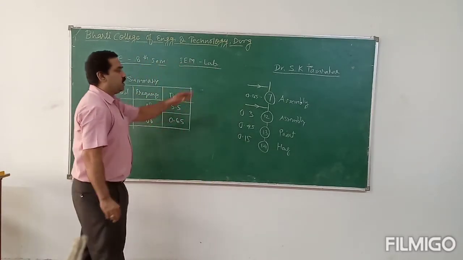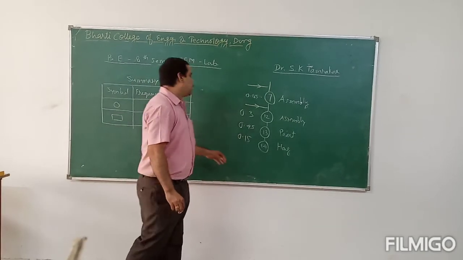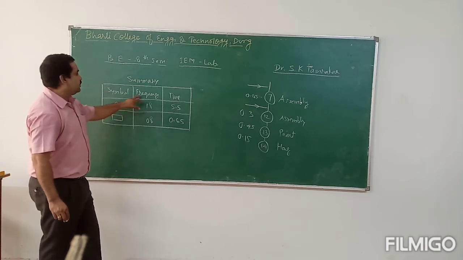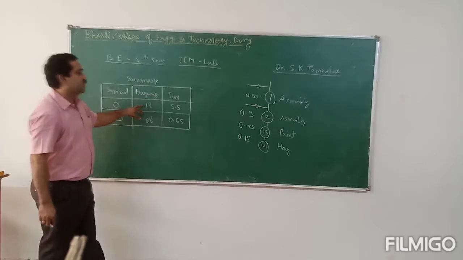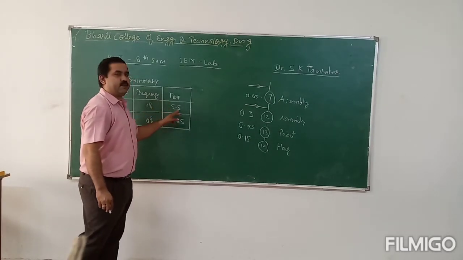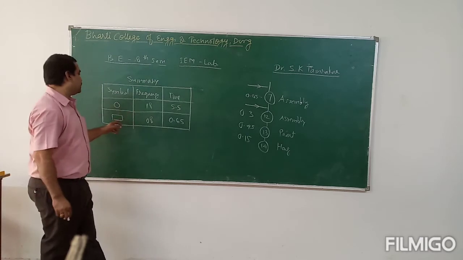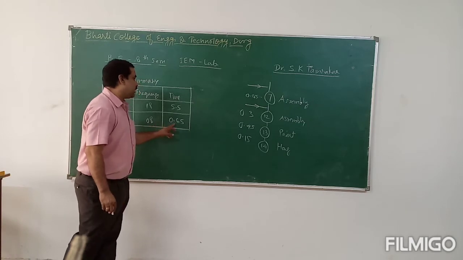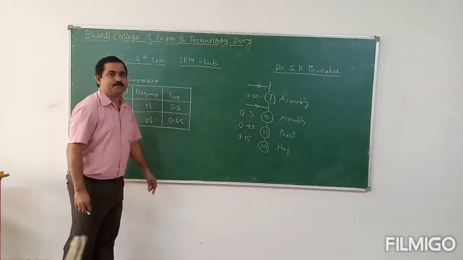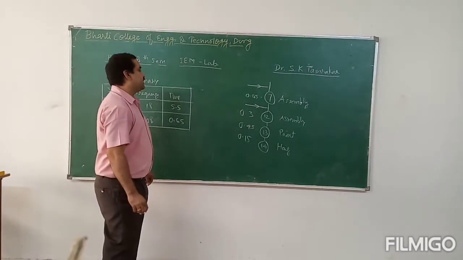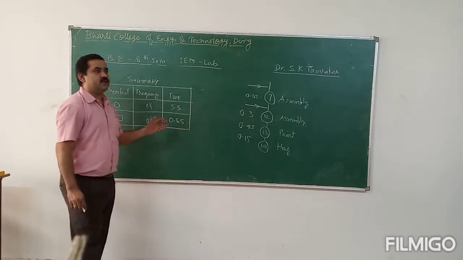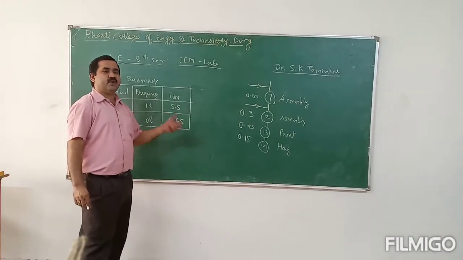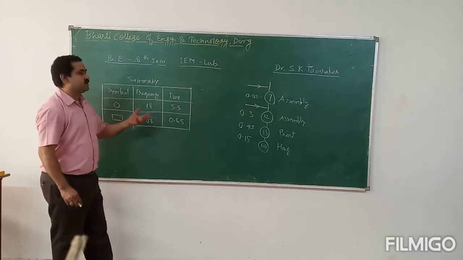So by studying all these process charts, we observe that the operation is used 18 times and the time is 5.5 minutes for completing these operations, and inspection is used 8 times and the time is 0.65 seconds. So by studying this type of chart, any work can be evaluated and some suggestions for improvement are given.